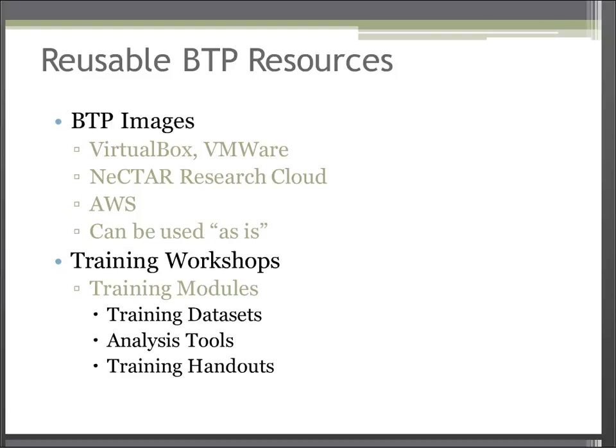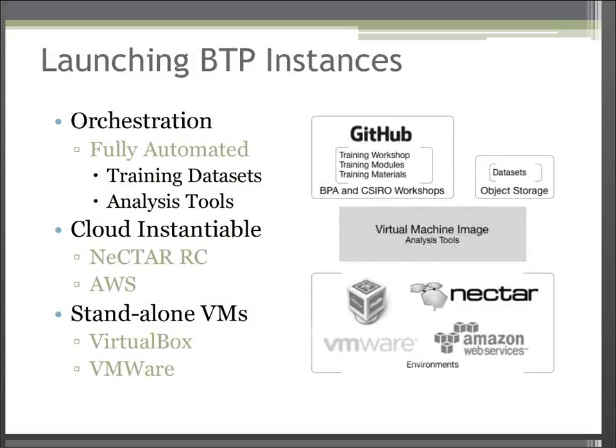This is just a quick overview of how these images are used and launched on the Research Cloud. So the orchestration system that we have developed and made available on GitHub uses all the information in each of the training modules and configures a virtual machine image with all those underlying tools and dataset configuration.